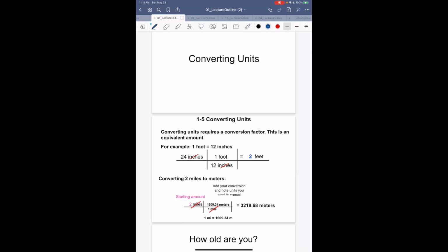From this, I will create a factor that equals 1, which is 1 foot divided by 12 inches, all right? That makes the inches cancel, and then I will get 2 feet.